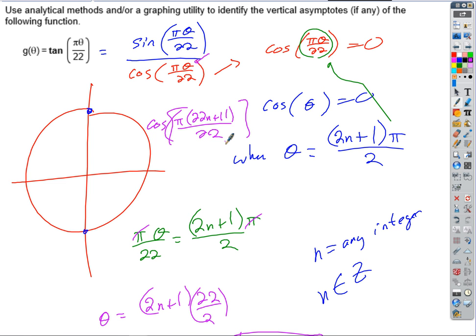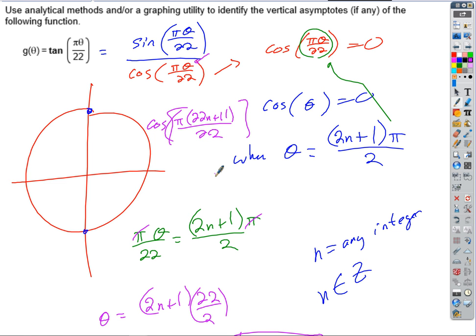Well, isn't that just pi times n plus 1/2? That's what Gabe told us, right? Isn't it? Right. Odd multiples of pi halves, right?